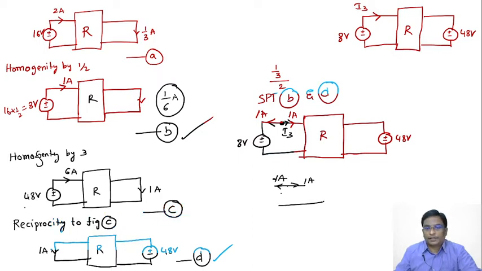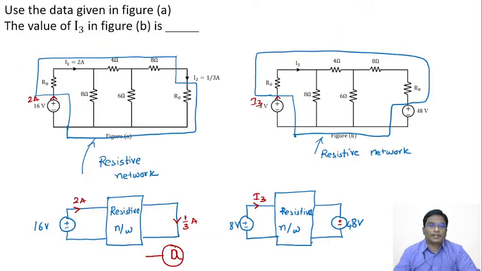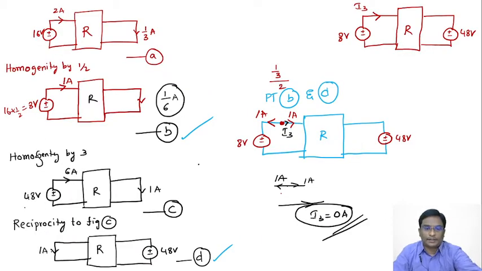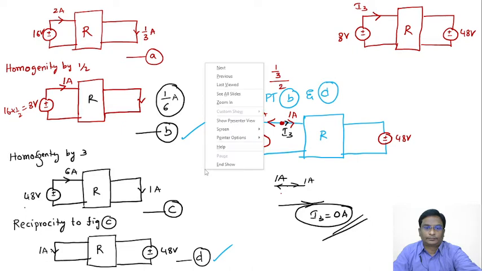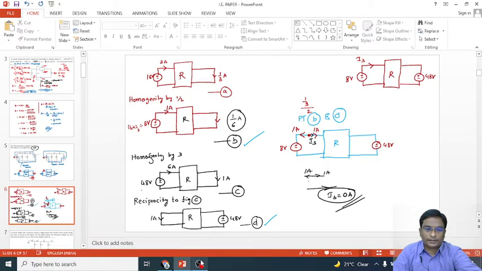Then what is the effective current in this direction? 1 ampere minus 1 ampere, so I3 is 0 ampere. That's all. You observe here, they are asking what is I3, using the data in figure A. What is the current I3 flowing in the circuit? 0 amperes is the right answer. Very good. Everyone, excellent.